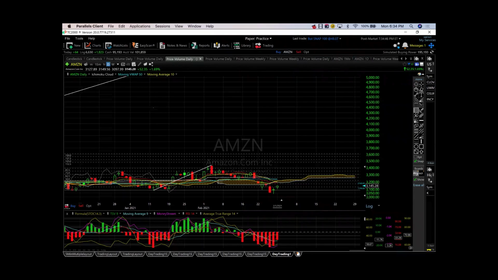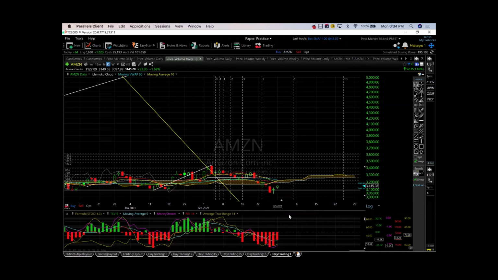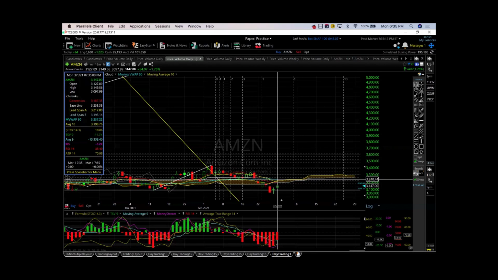Some of the calendars were supposed to execute and did not execute today. I can tell from that it wanted to go down. The calendar calls were easily executed, and calendar puts did not execute at all. So it's a big indication that even when the stock was dropping or going up, it didn't move.